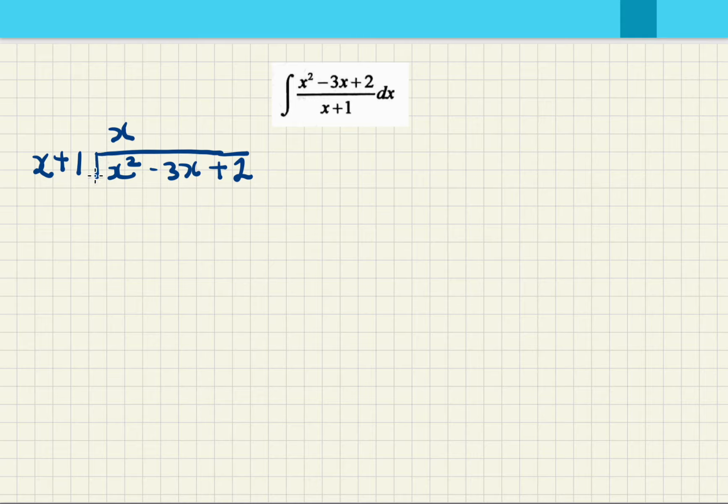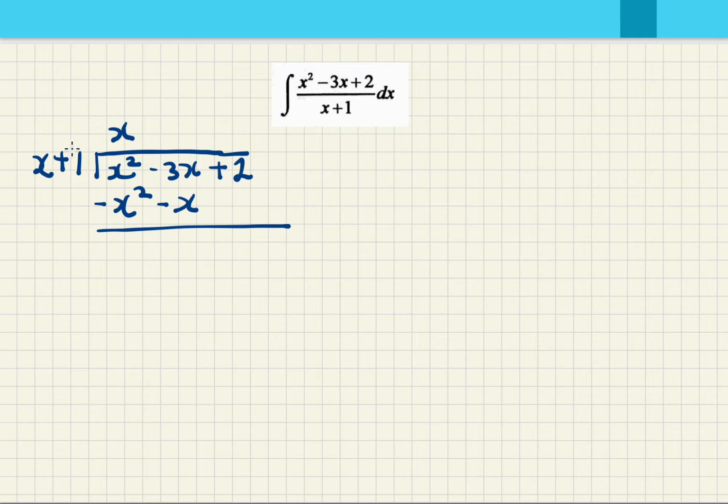But a thing to note is you need to invert the sign. So if this is x squared, what we write down here will be negative x squared. And next term, x times 1 is positive x, but since you're subtracting it down below, we need to invert the sign and it becomes negative x.